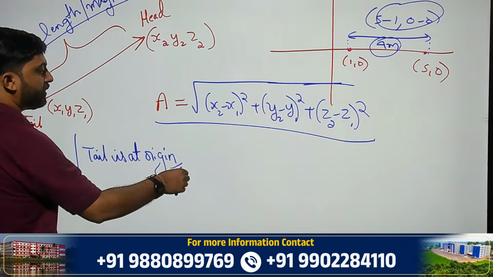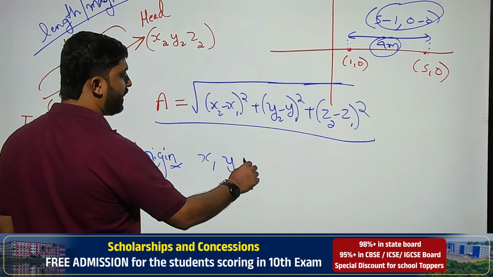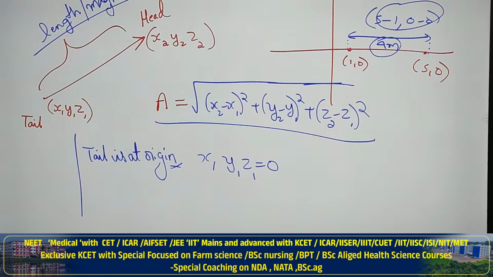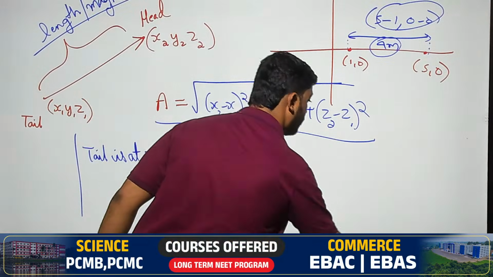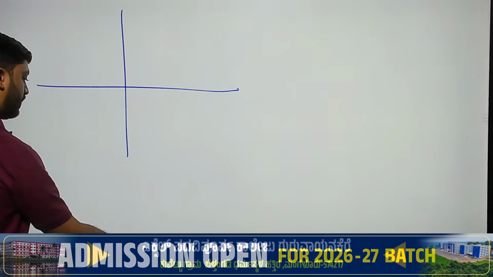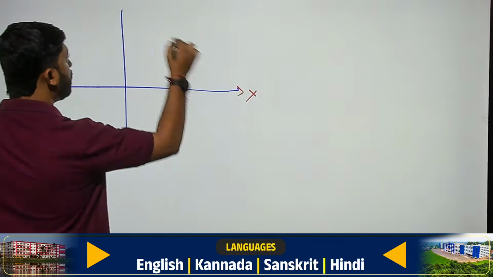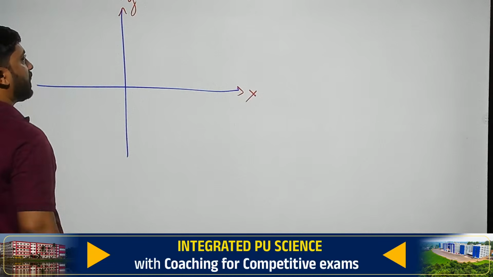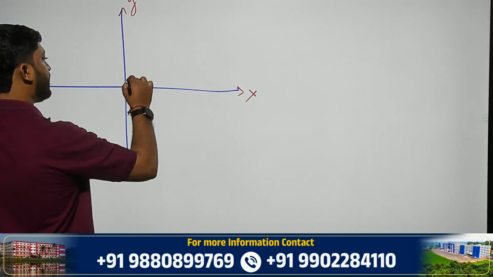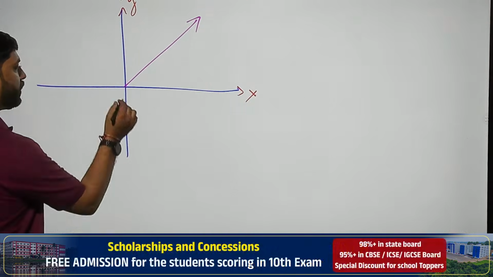If the tail is at origin, then x1, y1 and z1 will be 0, right? So for instance, we have 2 axes. One is x, another is y. We have a vector here. Its tail is at origin. So what will be the coordinates?